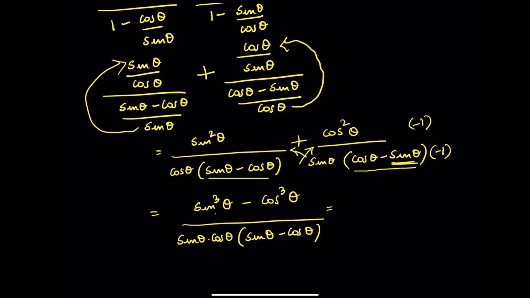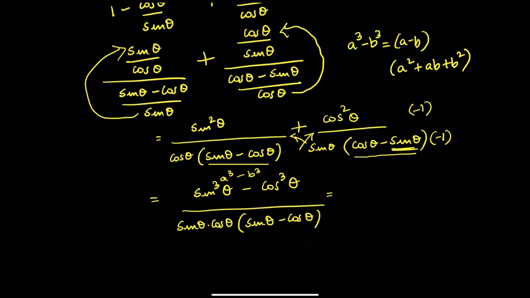Now this is of the format a cube minus b cube. So what do we know about a cube minus b cube? A cube minus b cube is a minus b times a square plus ab plus b square.